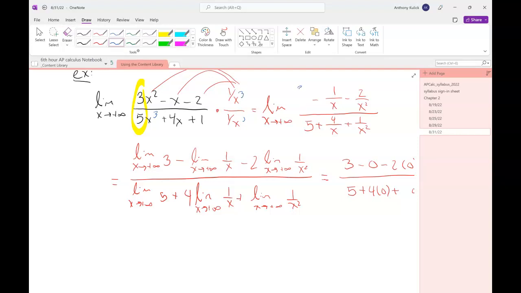So I'd end up with 3 over x, and that would be squared, that would be cubed, that would be squared, that would be cubed. And I do the limit: 0, 0, 0, 5, 0, 0. So you end up with 0 over 5, which is 0. Do we have to prove that, or do we know immediately when we see that? You can just look at it and do it.